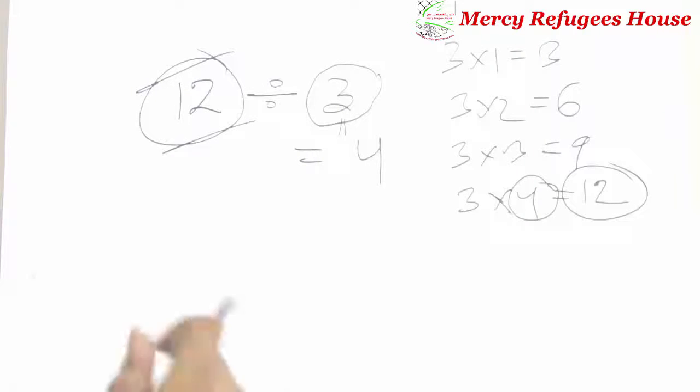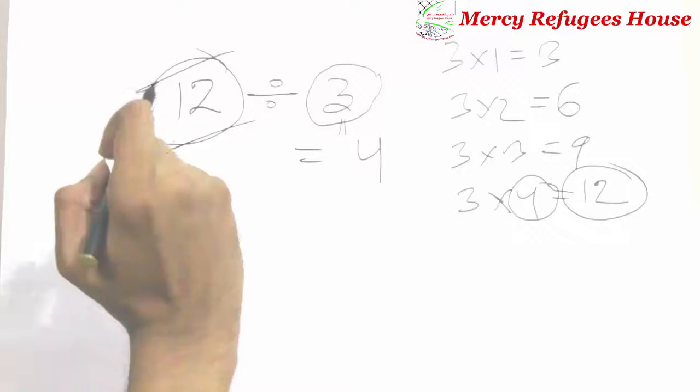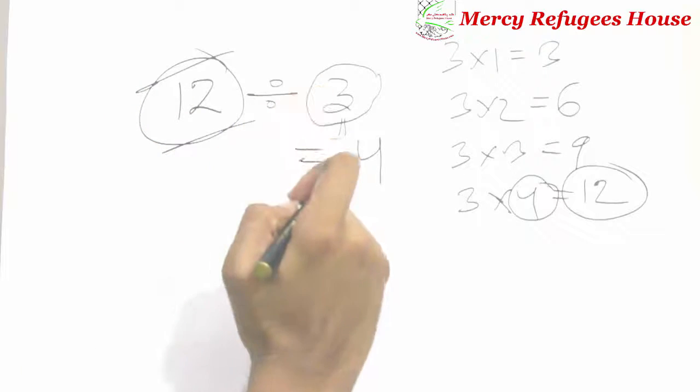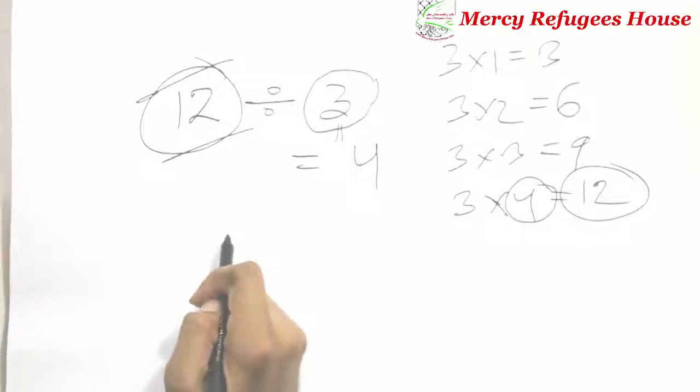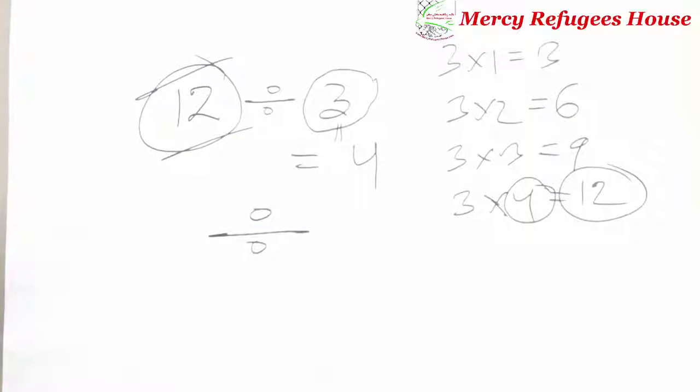This is how you should literally explain to the students that if you are doing the division, you follow this method. 12 divided by 3 equals 4. This is the narrative term, and this is the sign of division.